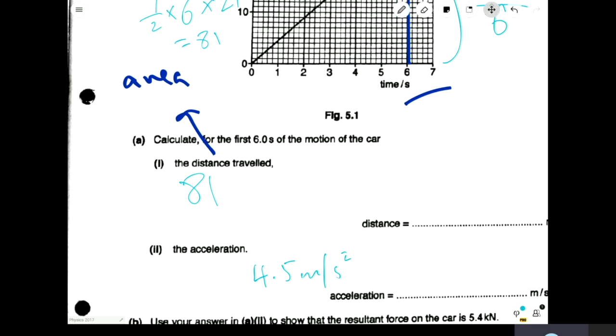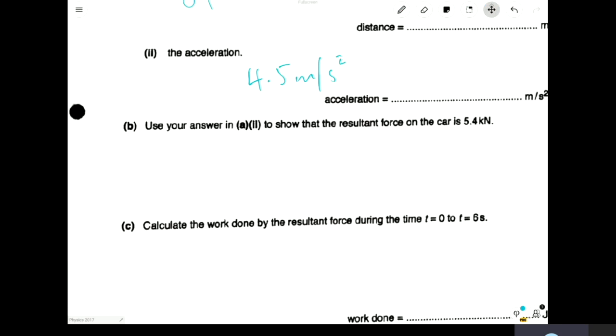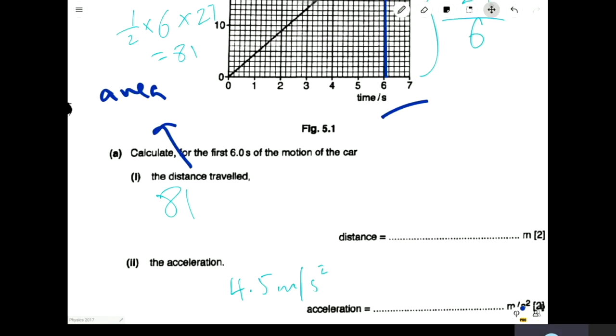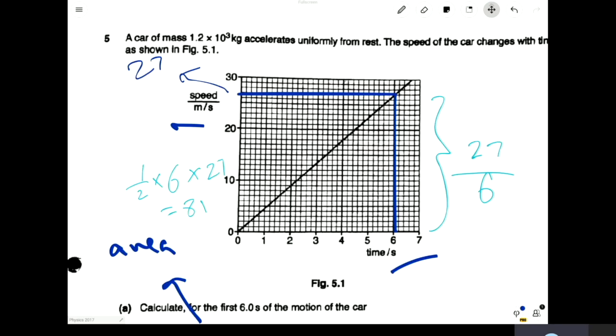Next, use your answer to show that the resultant force is 5.4 kN. Formula for resultant force, F equals what? ma. So do I have the mass? What's the mass? See the mass, 1.2 times 10 to the power 3.